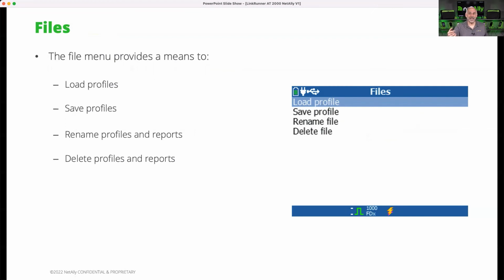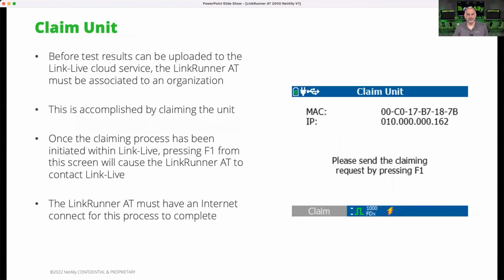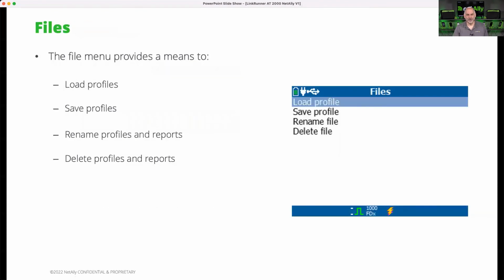If I want to test VLAN 10, I just load it. So this is where I can load and save profiles. Before we leave this screen, this is where we can rename or delete reports. If I'm saving my reports locally, this is where I can go in and manage those report files.